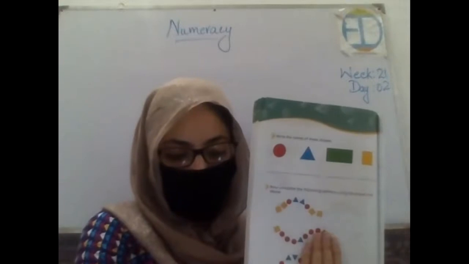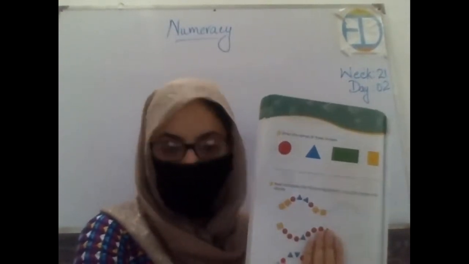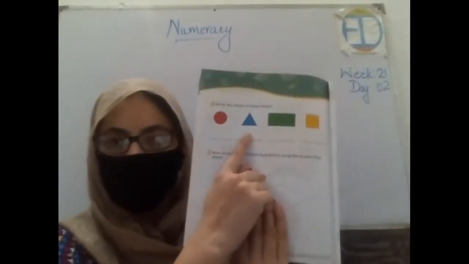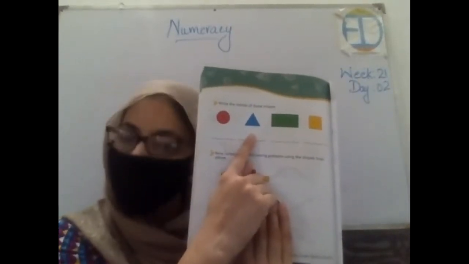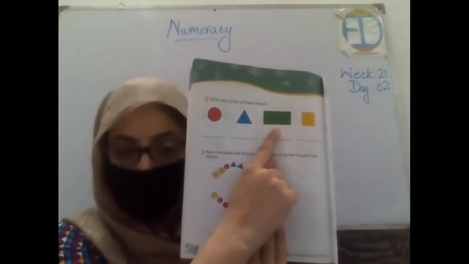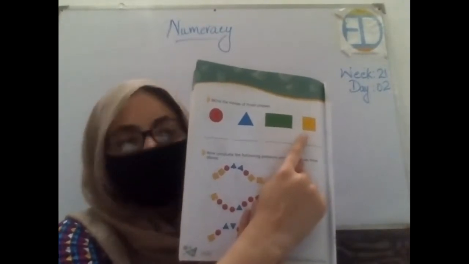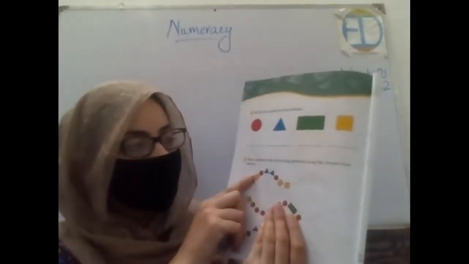So the first shape is, it's a circle. Very good. What about the next shape? A triangle. Very good. Then comes a rectangle. Excellent. And finally we have a square. Good.